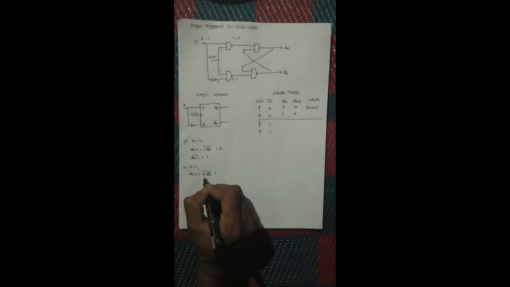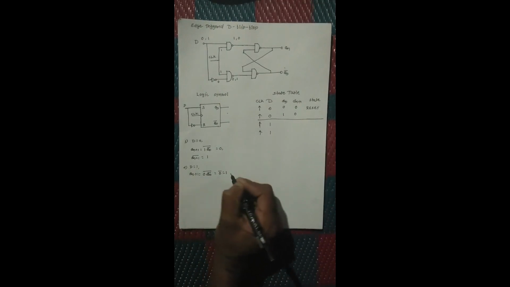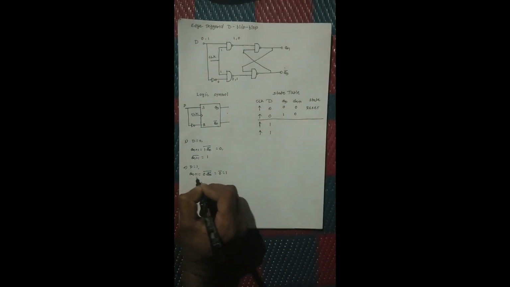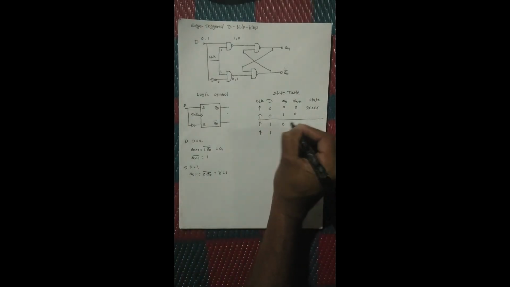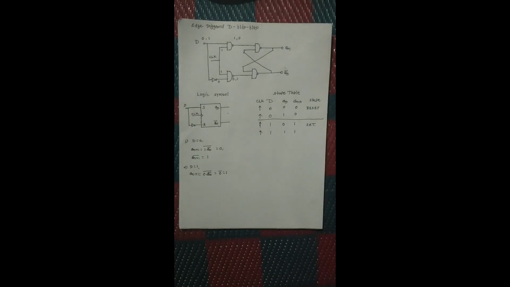No need to analyze, because 0 into something becomes 0 and its bar becomes 1. So the next state output will be 1 at any condition of the present state output. This condition of the flip-flop is called the set condition, or high level. In this way we finish the D flip-flop. I hope you understand the D flip-flop also.